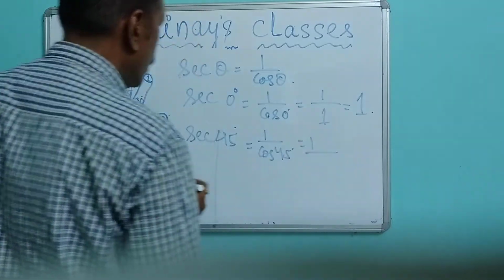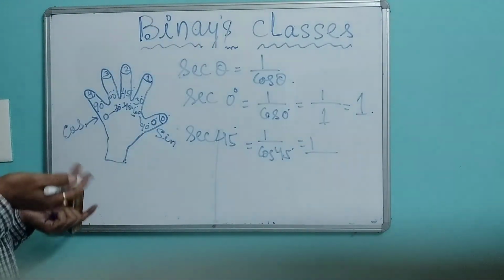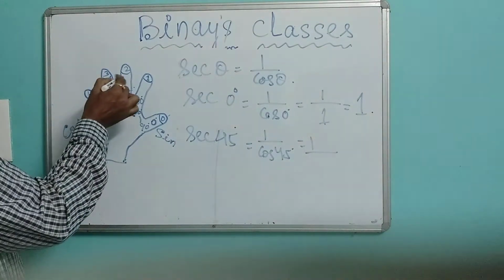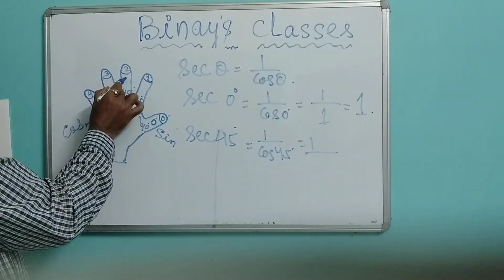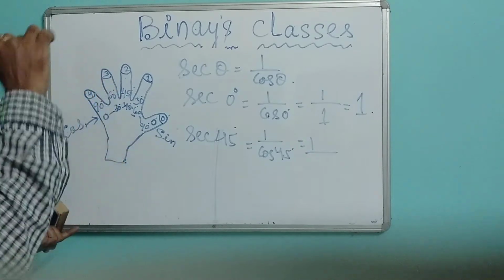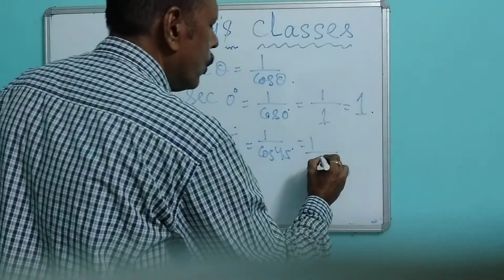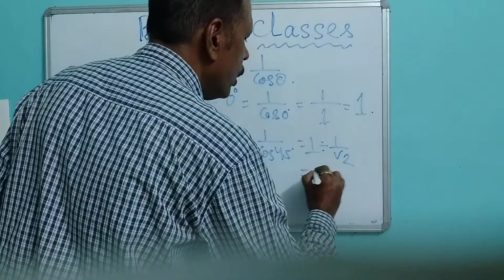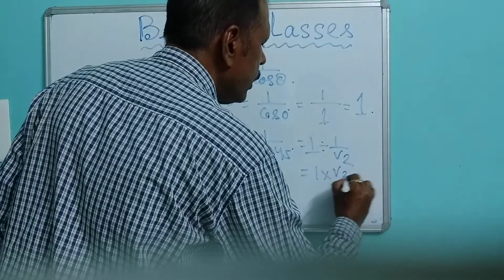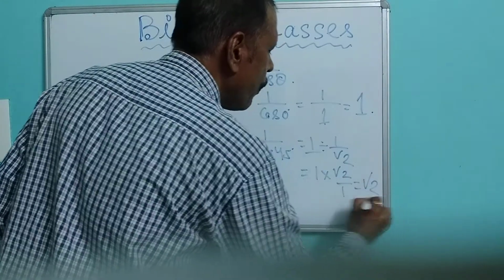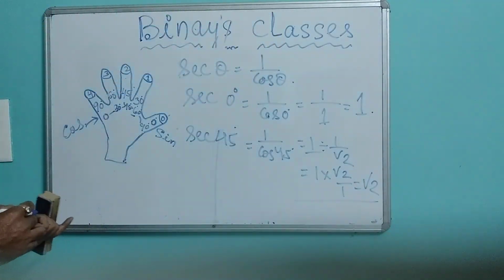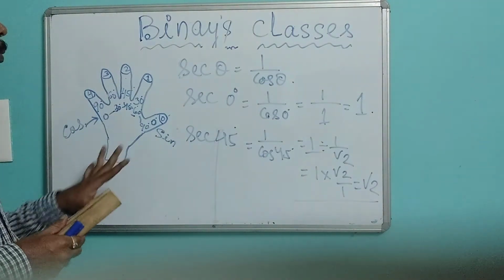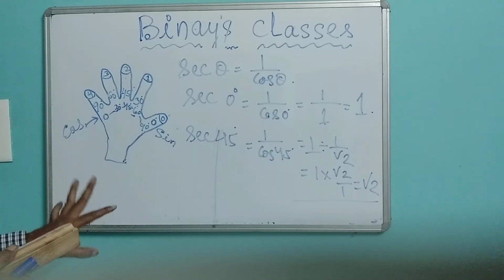You may use what you got earlier, or calculate from this finger formula: cos 45, finger number 2, 2 by 4 root over, that is 1 by root 2. 1 divided by 1 by root 2 will give you root 2. So this way you will calculate all the angles and you will get 100% correct, nothing will go wrong, very simple, very easy to remember.